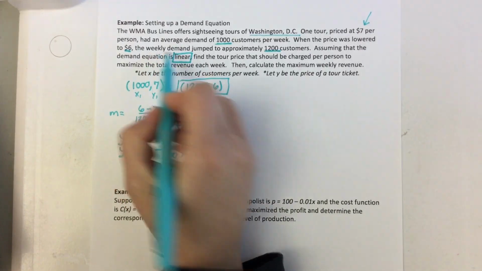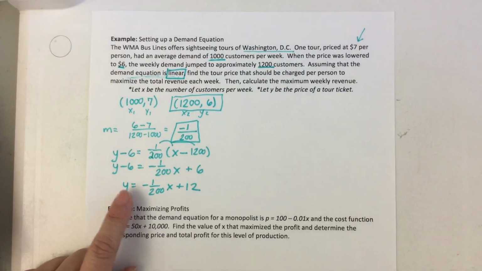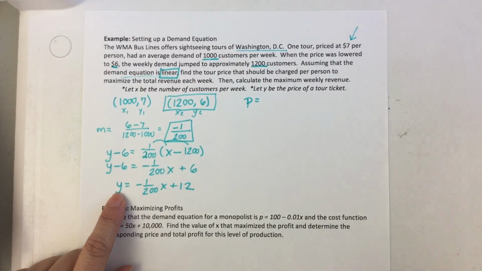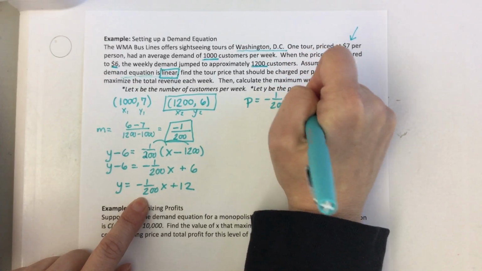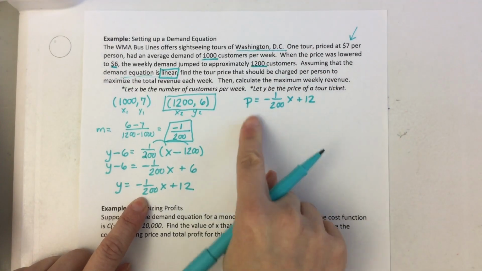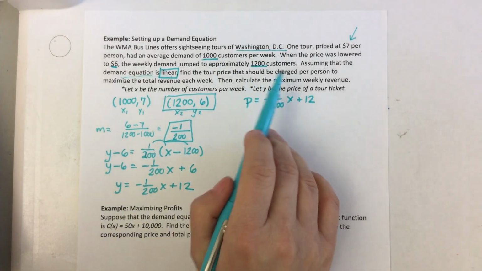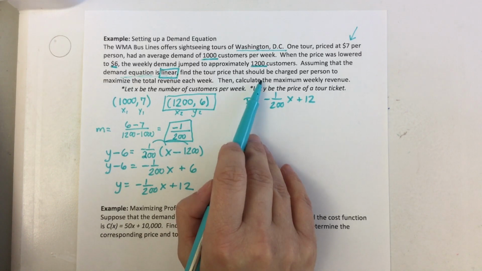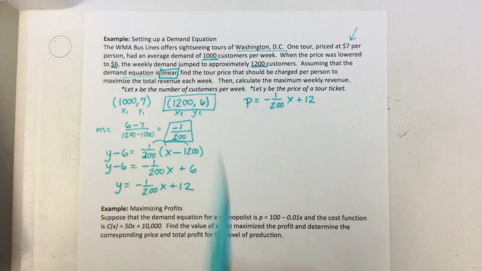They said, assuming the demand equation is linear, this is P. Your demand equation is how you price. So P equals negative 1 over 200x plus 12. That's how you should price the tour. Now let's keep going. It says find the tour price, so we need to find P, that we should charge per person to maximize the revenue.